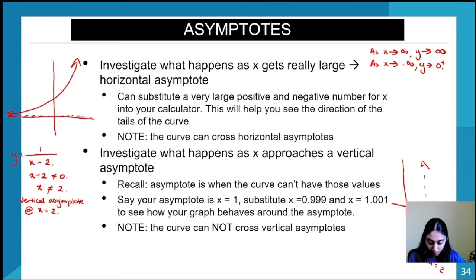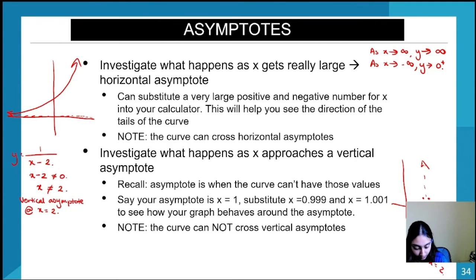Okay. So at x is equal to 1.999, I'm getting 0.5, which I'll put over here. As x approaches 2.000000001, it also approaches a half.